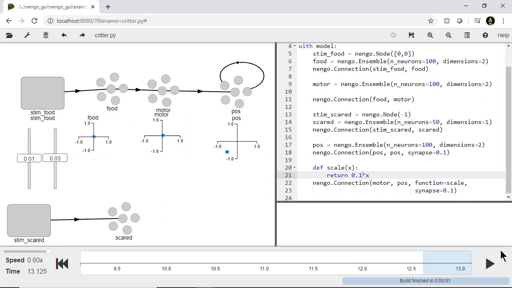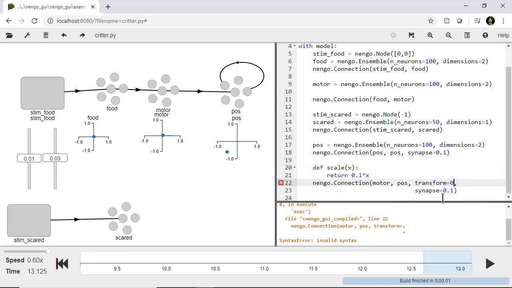But before going into a little more detail, I also want to point out that this sort of function comes up a lot when building models: take whatever the value is and multiply it by some constant. Because that's such a common function, we've added a syntax to Nengo to let you define things like that automatically. So instead of saying function equals scale and defining this function, I can also just say transform equals 0.1.